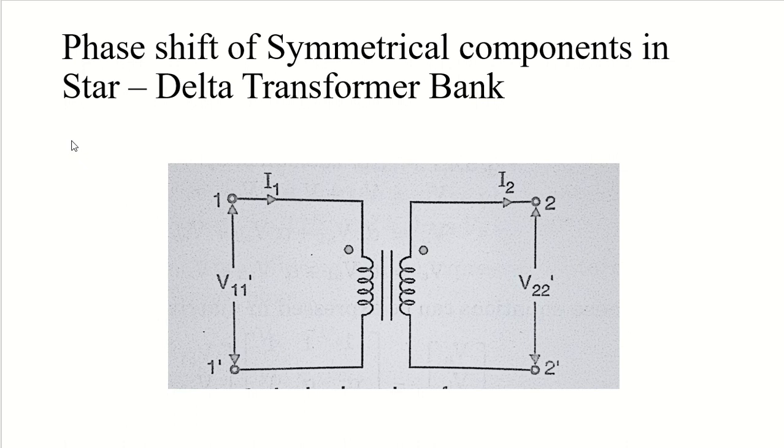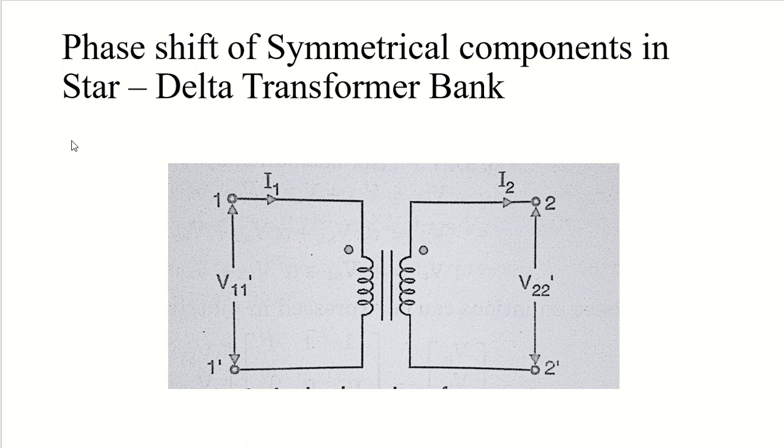Whenever any quantity in any sequence goes through a star delta transformer, there will be a definite phase shift. It doesn't matter if it is star delta or delta star, there will be a phase shift, and the phase shift will be around 30 degrees for both star delta and delta star.